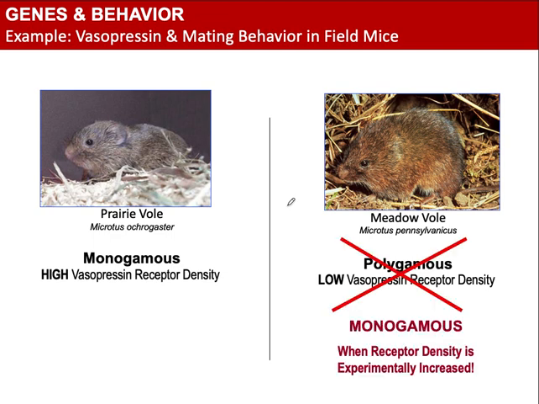Interestingly, when the receptor density is experimentally increased for this hormone, this meadow vole species becomes more monogamous. And so the social and mating behavior of species is ultimately connected in some manner to the physiology of individuals. You might be wondering, does this also apply to humans?